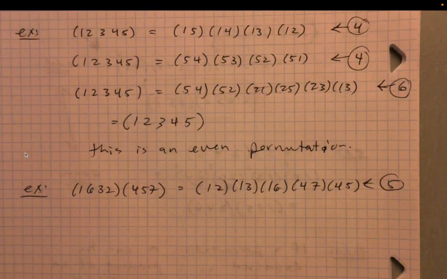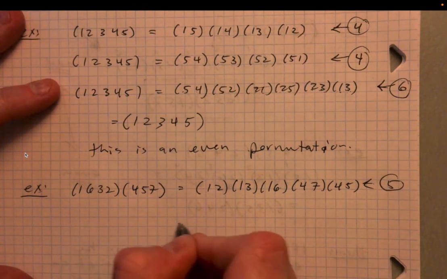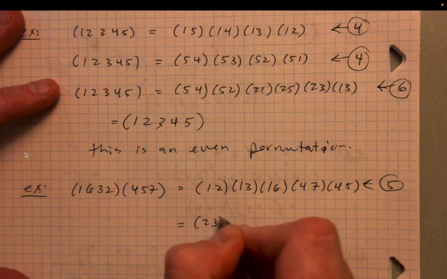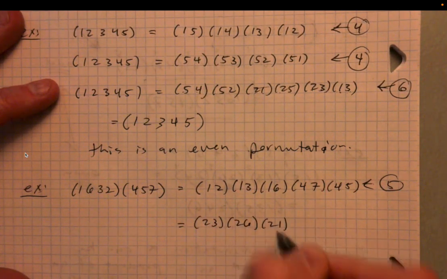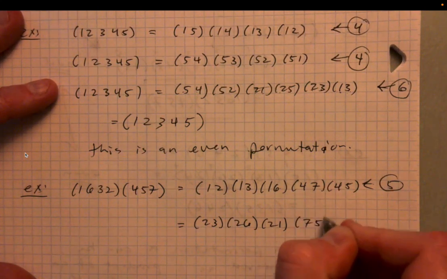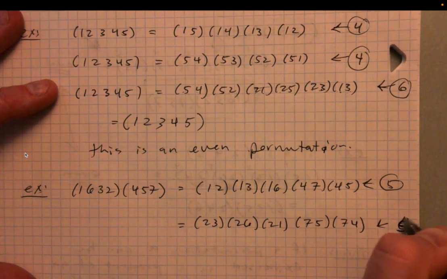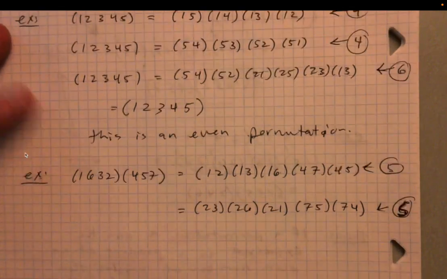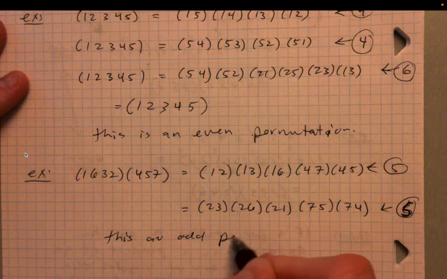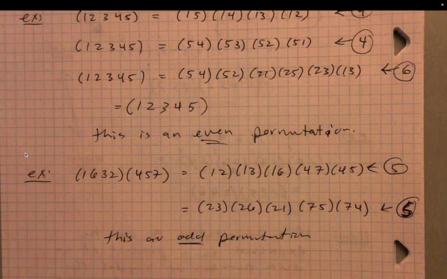Another way to do this would be to write it as 2, 3, 2, 6, 2, 1, and then 7, 5, 7, 4. This is also a 5. So this is an odd permutation. This one's odd, this one above is even.